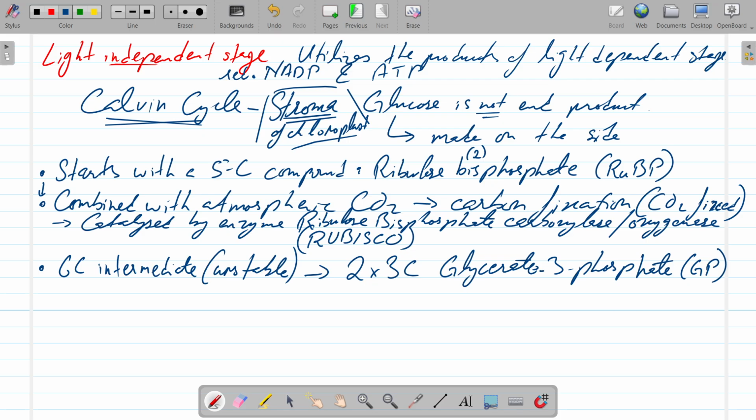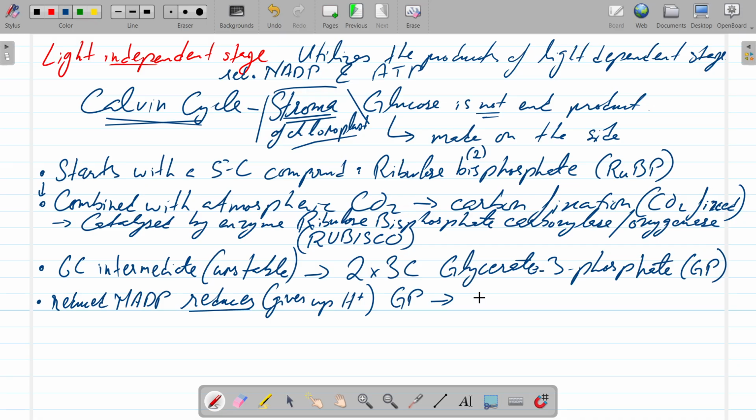Now what happens to glycerate 3-phosphate? This is where the reduced NADP comes in. The reduced NADP reduces, so it gives up its hydrogen, reduces the glycerate 3-phosphate, and we get a compound called glyceraldehyde 3-phosphate.